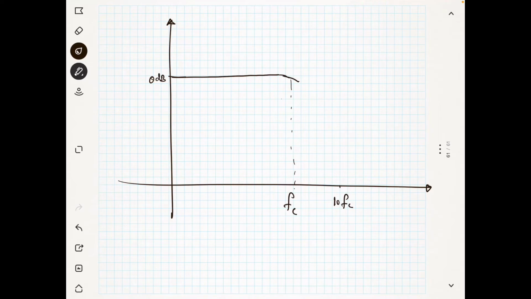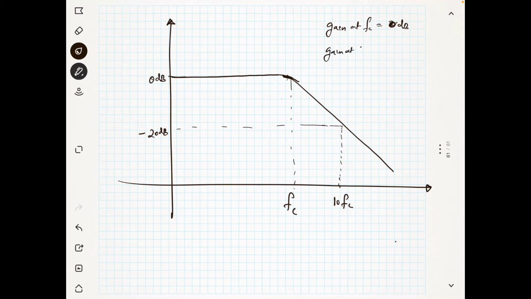The gain at Fc is approximately 0 dB, and the gain at 10 Fc, that means 10 times that frequency, becomes minus 20 dB.